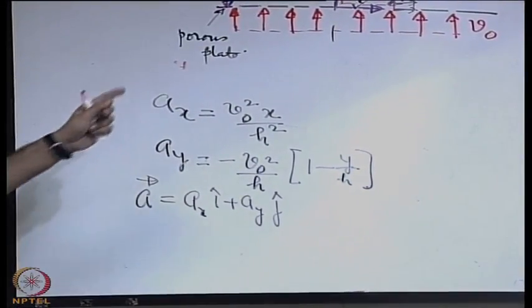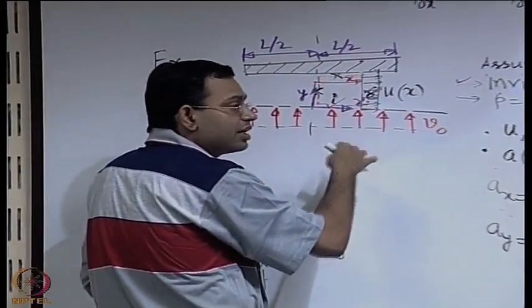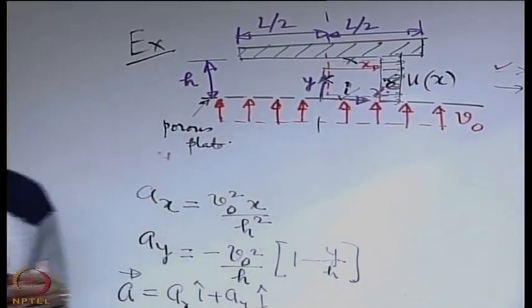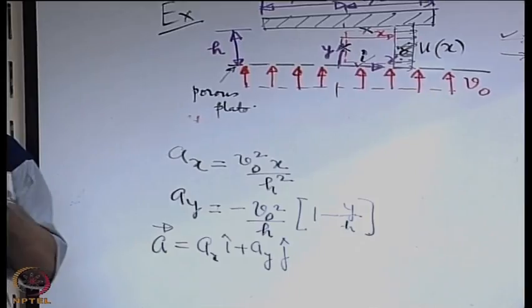So this is the acceleration at a point. If there is a fluid particle located at some x comma y, that will locally be subjected to that acceleration, because locally the fluid particle and the flow behavior is identical.